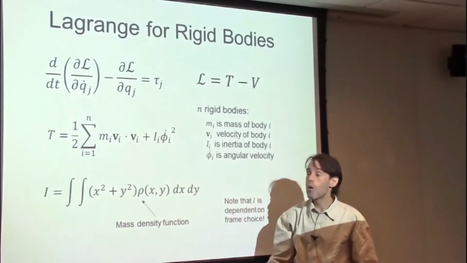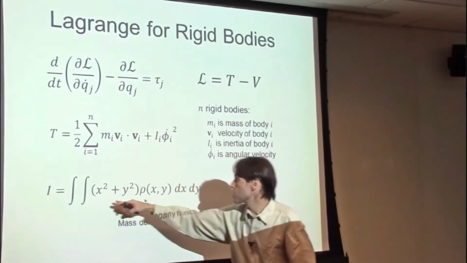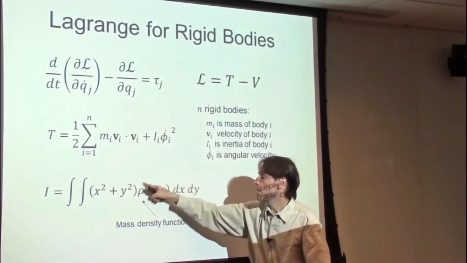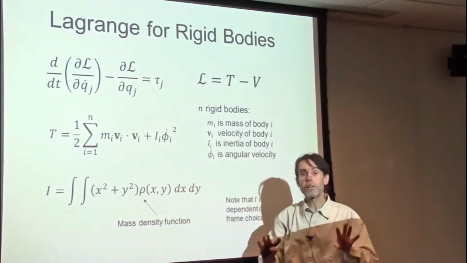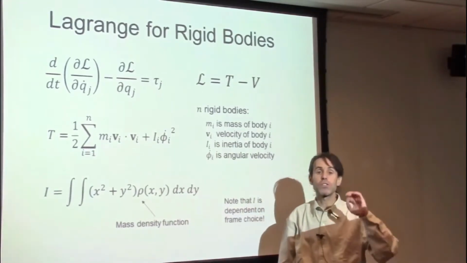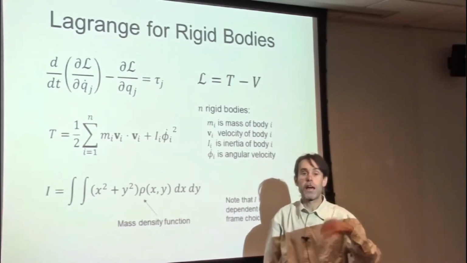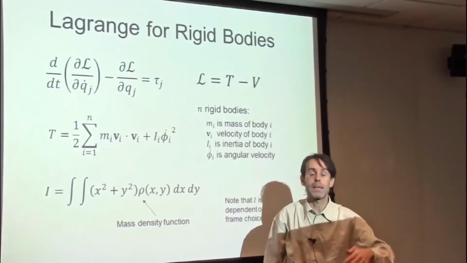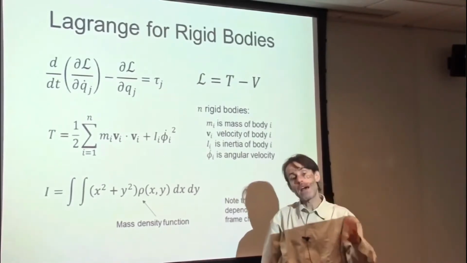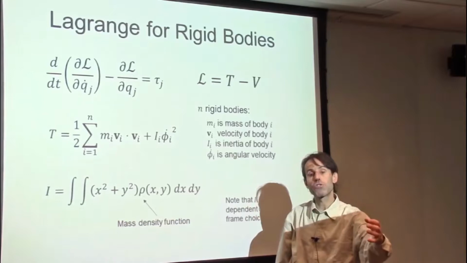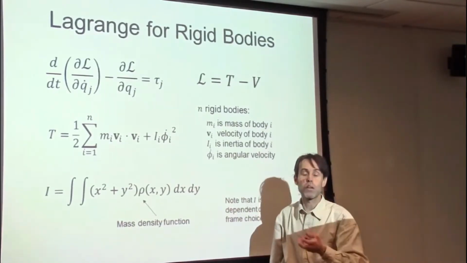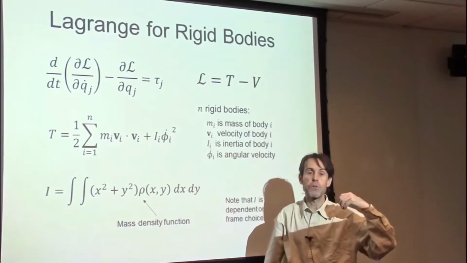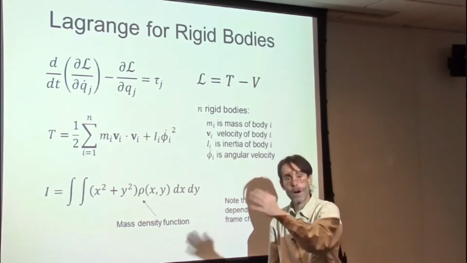Recall that the moment of inertia has this form here where you're given the mass density, how the mass in your system is distributed. What we're going to do in this class is we're going to assign moment of inertia as if it is a property just like mass is. If you think of mass as the resistance to translational motion, think of moment of inertia as a resistance to rotational motion, and just as we may give you m sub i, we're going to give you I sub i as well.